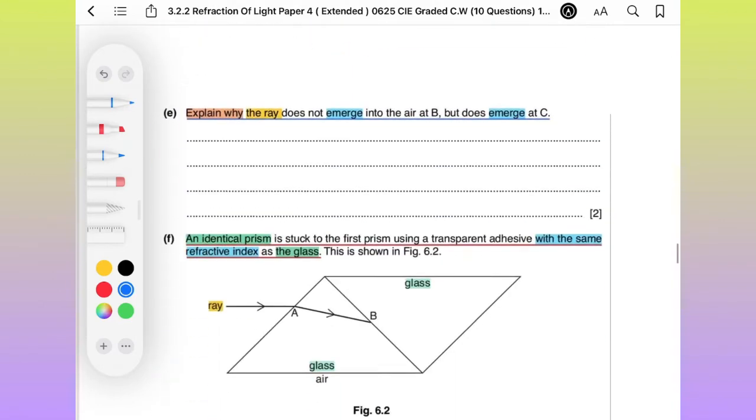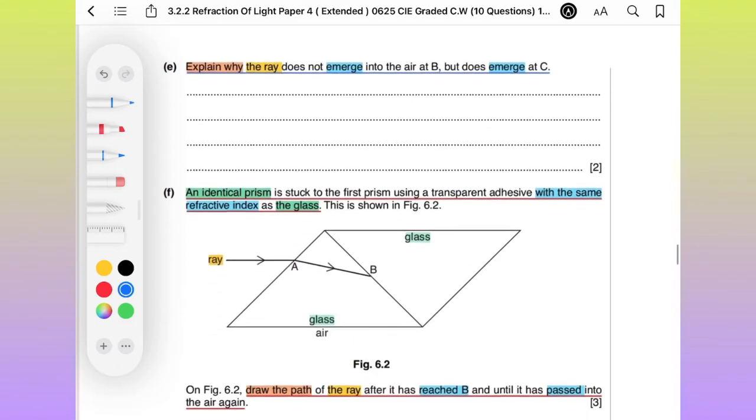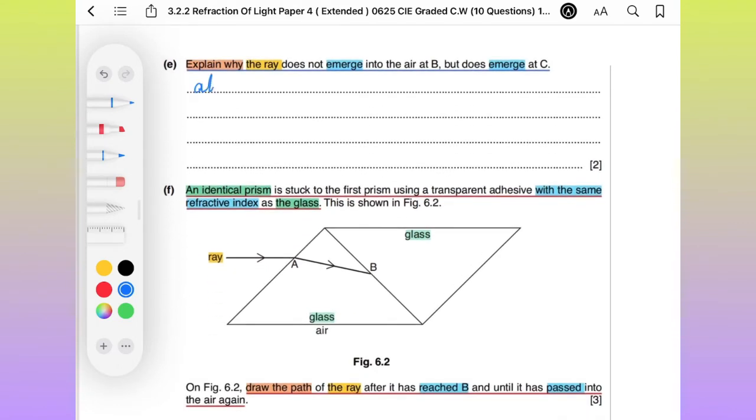So we will write here that at B, angle of incidence is greater than critical angle.